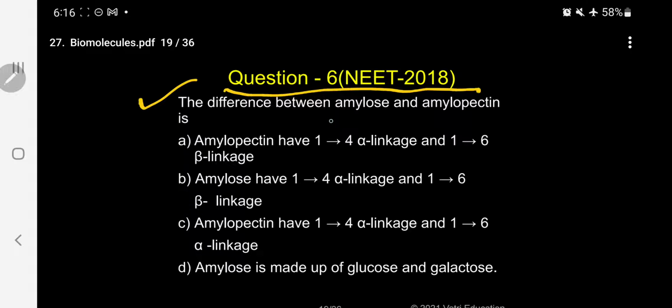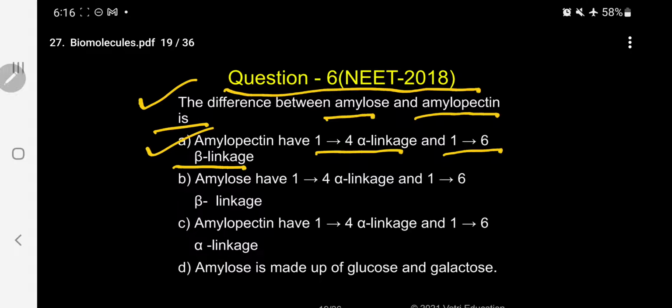The difference between amylose and amylopectin is: A. Amylopectin have 1,4 alpha linkage and 1,6 beta linkage. B. Amylose have 1,4 alpha linkage and 1,4 beta linkage.